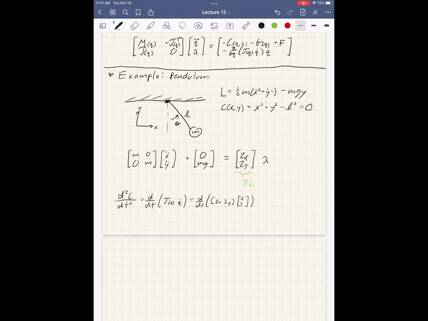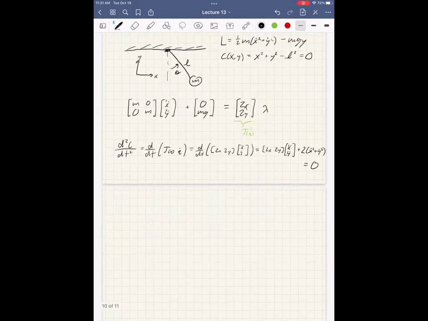So if I chain rule that again, I get 2x, 2y times q double dot, so x double dot, y double dot, plus 2 times x dot squared plus y dot squared equals 0.